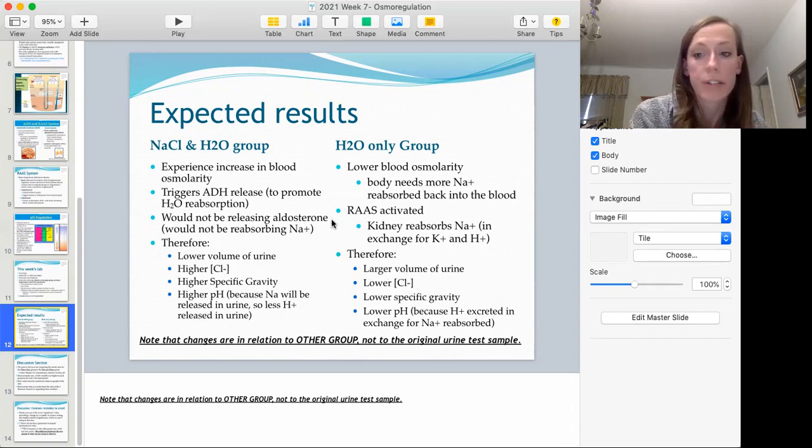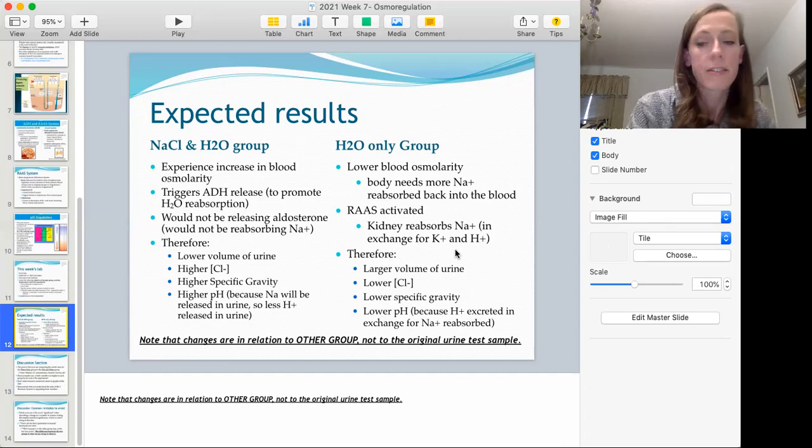And then if they retain the sodium, they're also going to retain the chloride. So you're going to see less of that in the urine. You're going to see less sodium and chloride. So there's going to be a lower specific gravity in the urine. And then you should see a lower pH because as sodium is retained, hydrogen is going to be excreted in a greater amount. And as that happens, you should then see a lower pH of the urine.